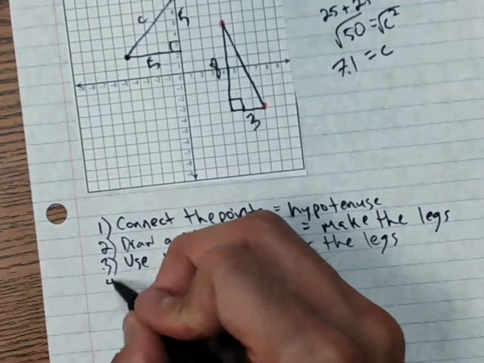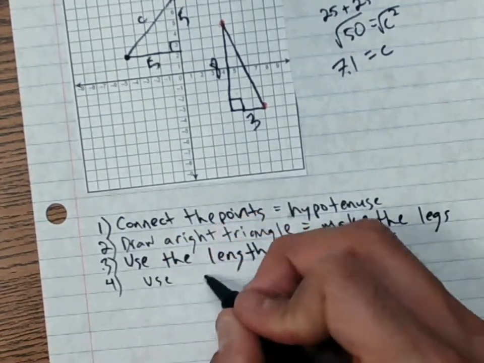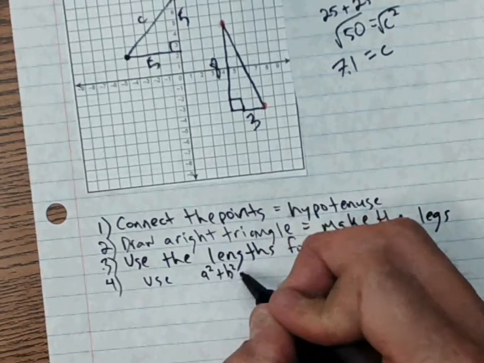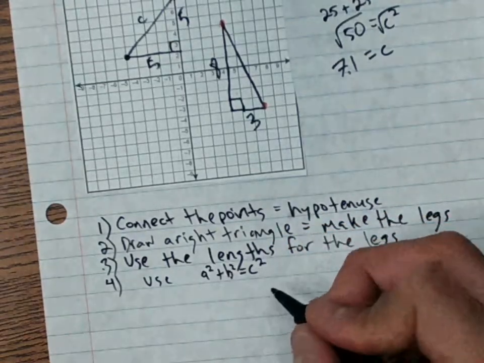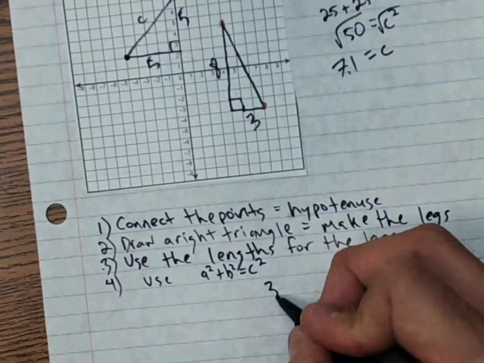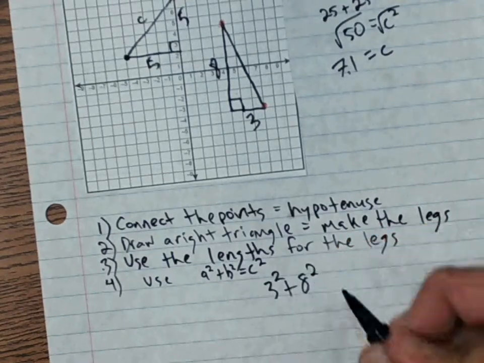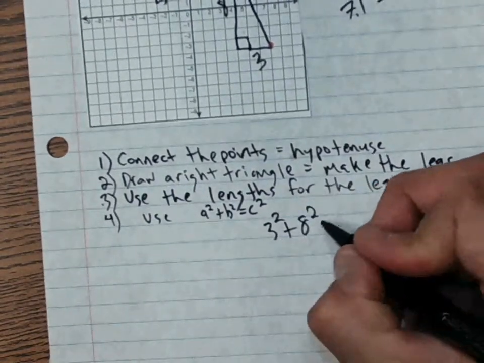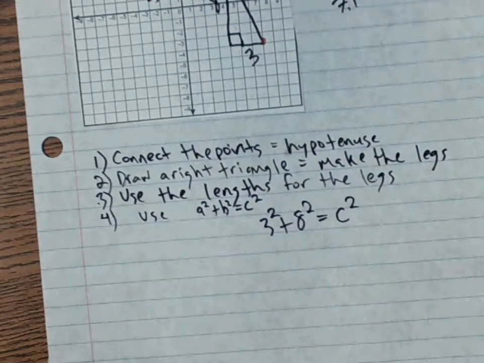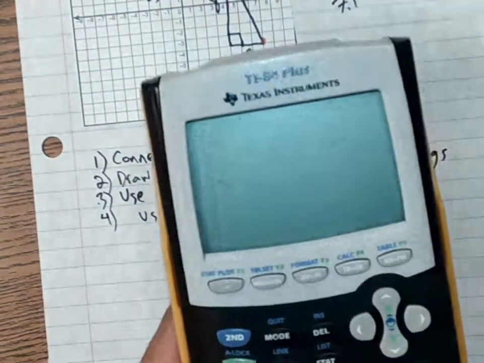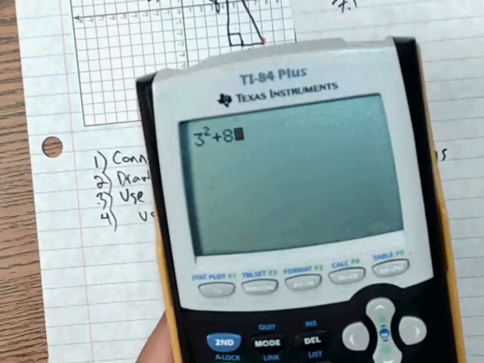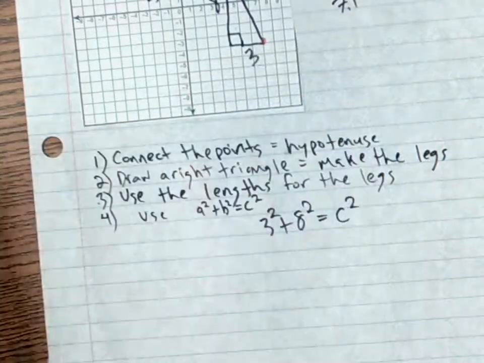So, use a squared plus b squared equals c squared. That means I'm going to use 3 squared plus 8 squared equals c squared. Alright, now let's use our calculator. 3 squared plus 8 squared. That comes out to 73.